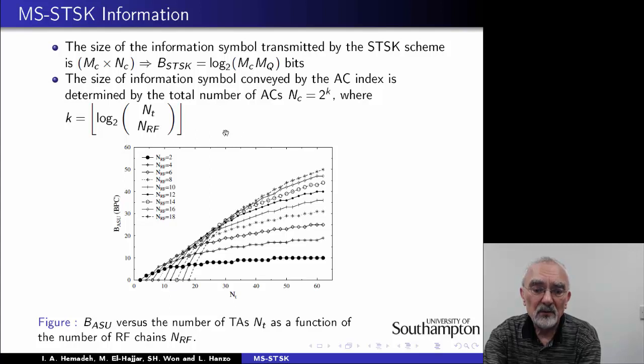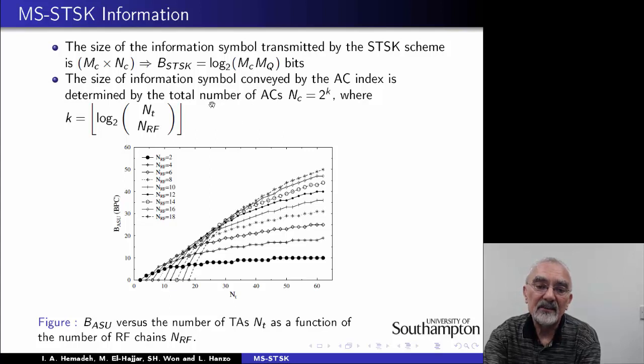So let's for a moment talk about how many bits we can convey with the aid of the different antenna combinations. So the size of the information symbol transmitted by the STSK scheme is determined by the parameters MC and MQ, and so ultimately it's given by log base 2 MC times MQ.